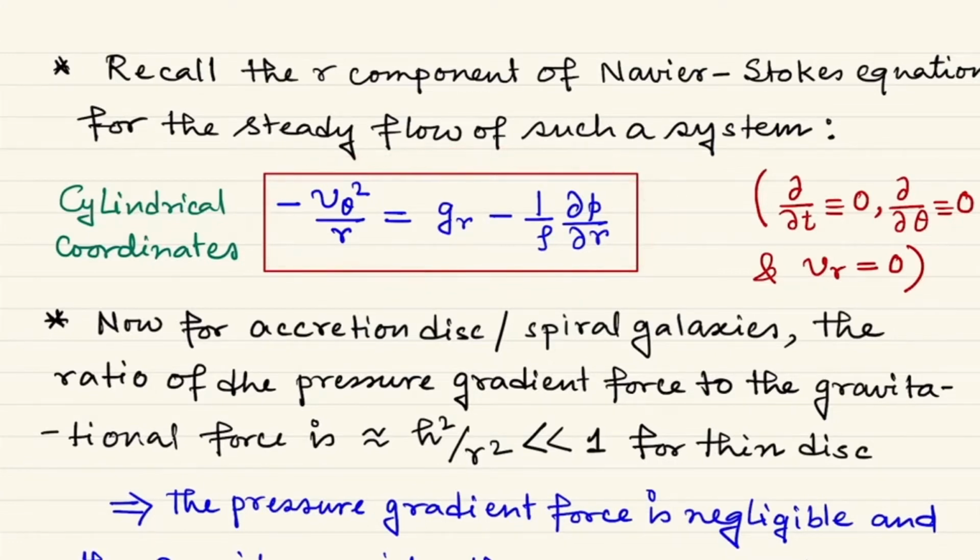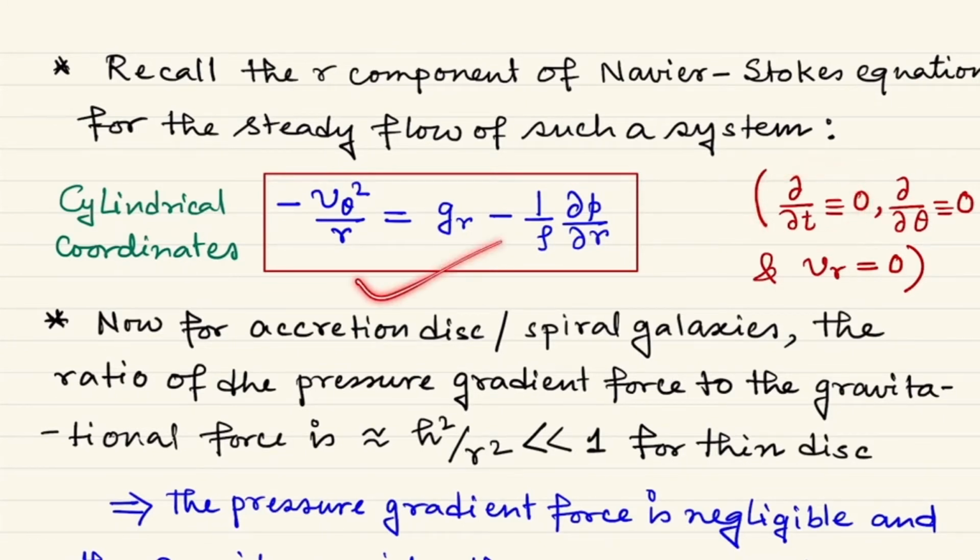Okay, so here you will see that the r component of the Navier-Stokes equation looks like this, because we are just considering a steady state motion of an accretion disk. But remember, the steady state system just gives del t is equal to 0.